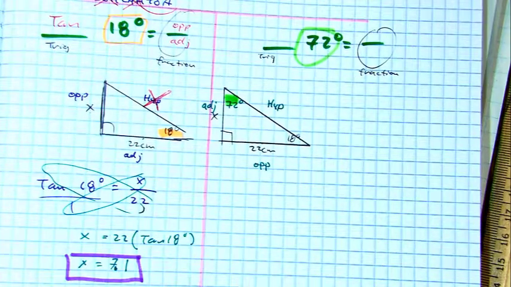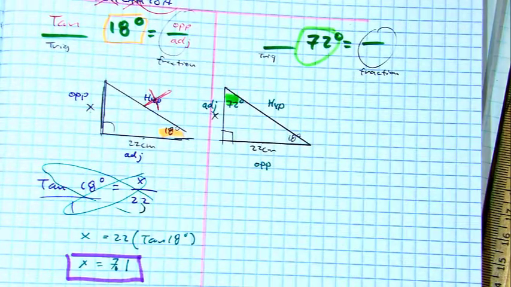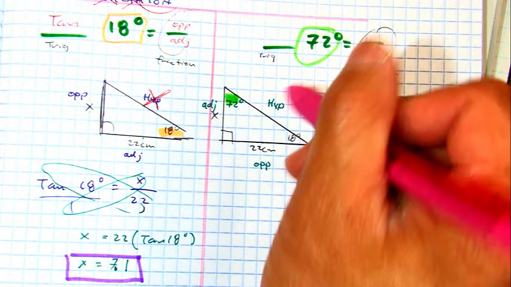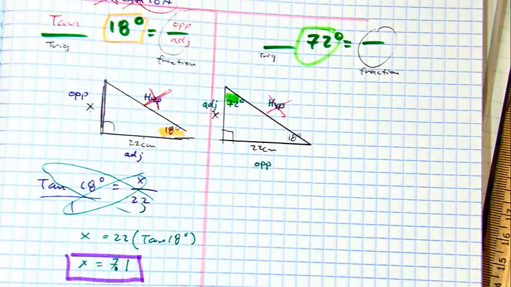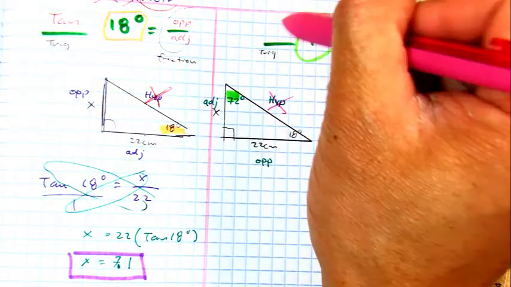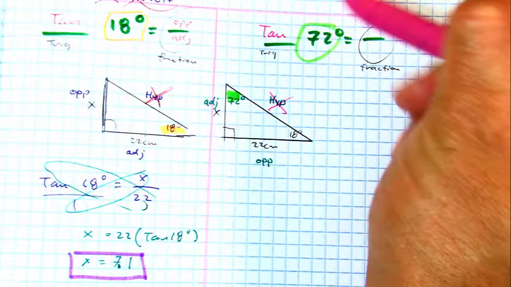Which one should I cross off, because we're not using it? Maybe another question is which side doesn't have a variable or information? Yeah, so we'll cross off the hypotenuse. When you have the opposite and the adjacent, which trig function? Tangent. Tangent of 72 equals?